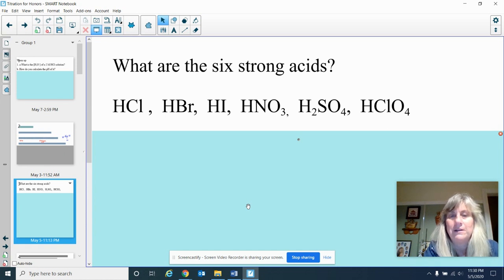I'll let you think for a minute. So remember with the naming that if it just has two elements, then that's when you use the prefix hydro, and then you change the ending on the second element to ic.